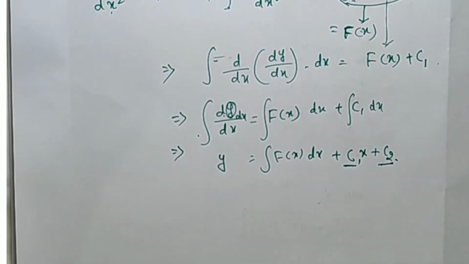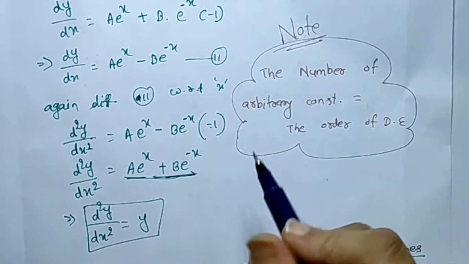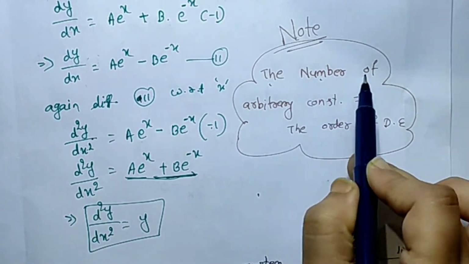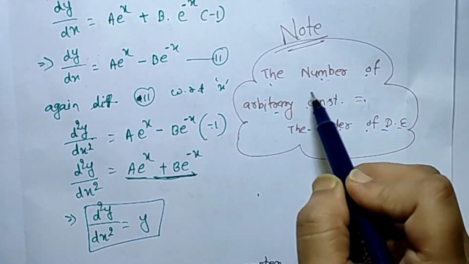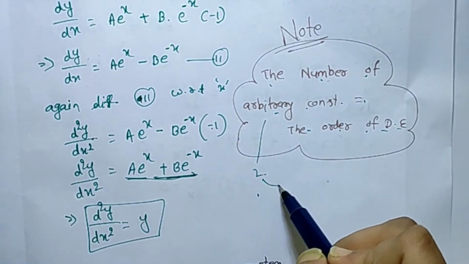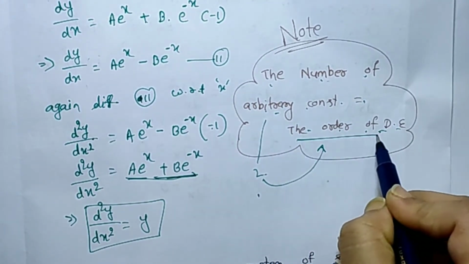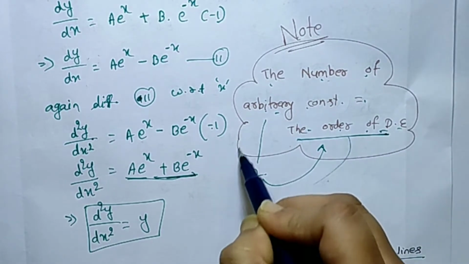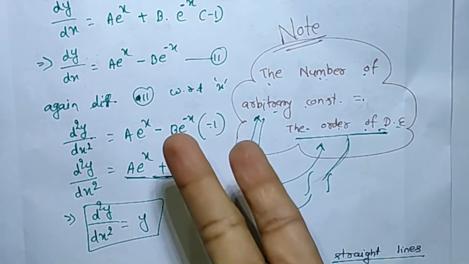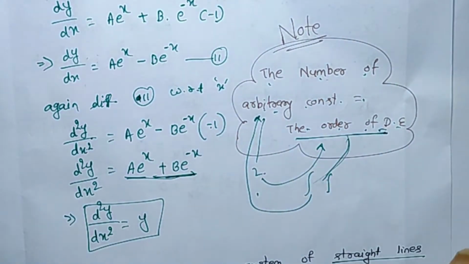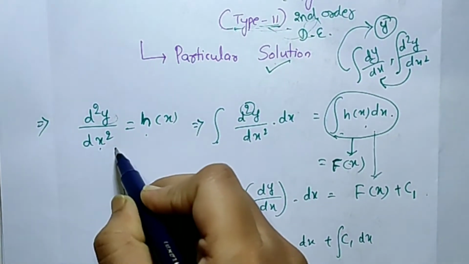In lesson number 2, I already told you that in the formation, the number of arbitrary constants is equal to the order of the differential equation. If we have two arbitrary constants, then we get a differential equation of order 2. So if we have a differential equation of order 2 and we have to find a solution, we integrate twice, and we find two arbitrary constants. Now you got it. So this is the solution of this differential equation.